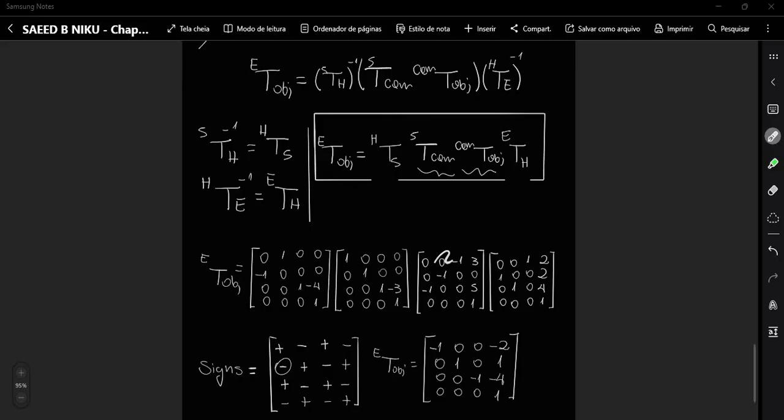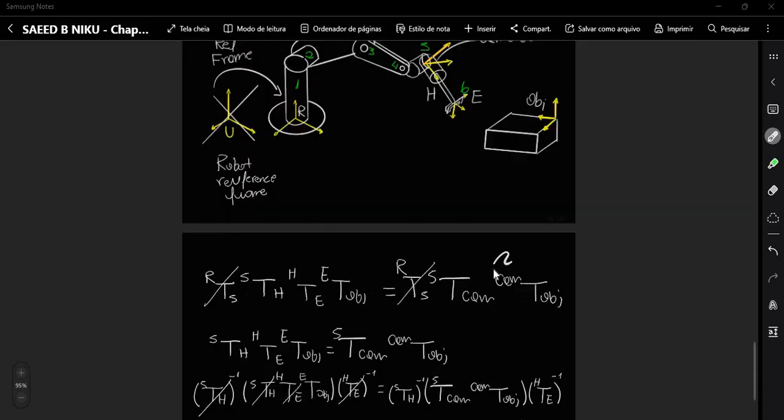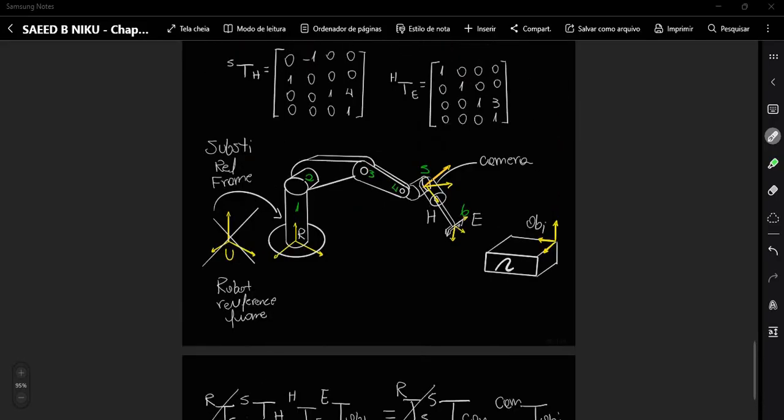The motion that this robot has to do in order to achieve a certain task, which in this case was using a camera attached on the fifth link of this robot, and this camera is pointed in the direction of some object.